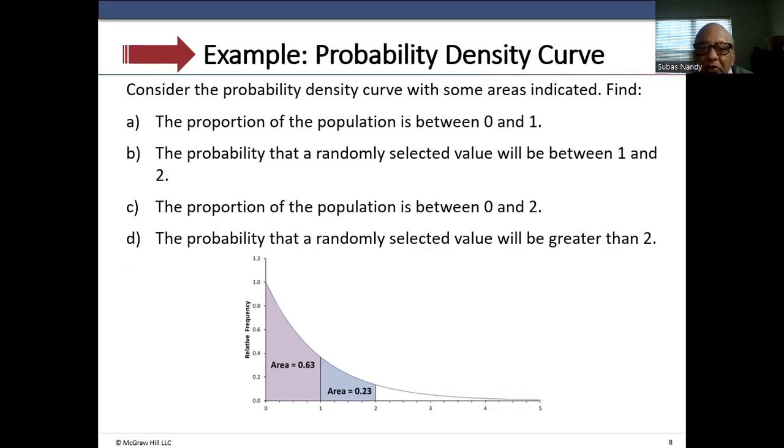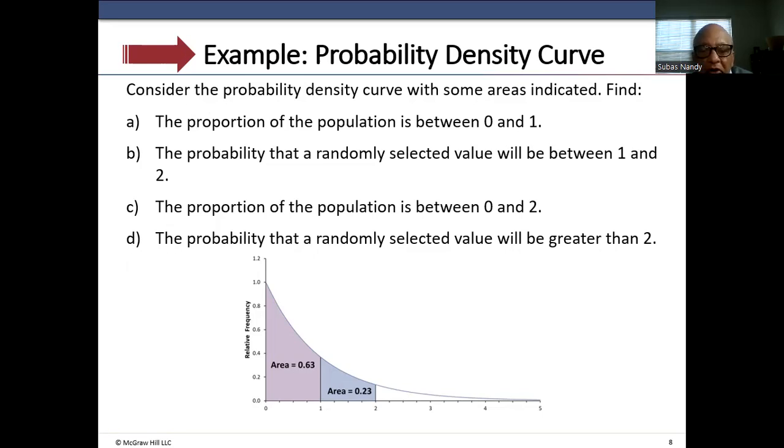Part C, the proportion of the population between 0 and 2. Between 0 and 2, you add the two areas, 0.63 plus 0.23 is 0.86. So 86% of the population will fall between 0 and 2. That is the answer for part C. For part D, the probability that a randomly selected value will be greater than 2.